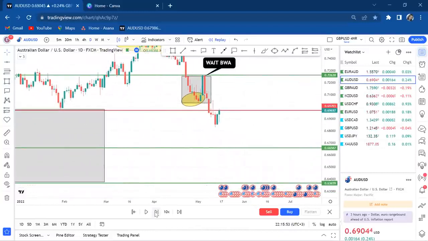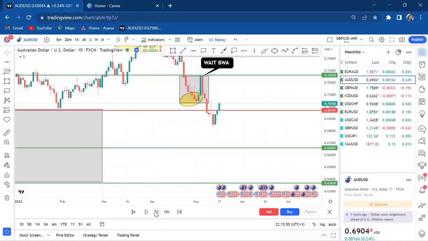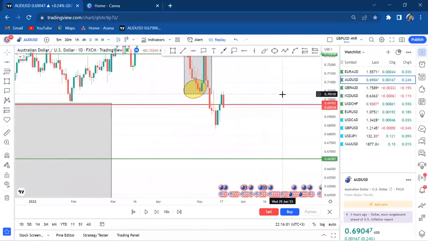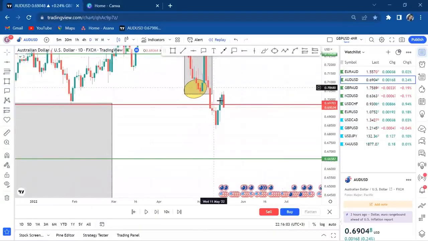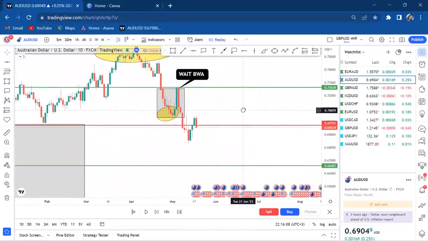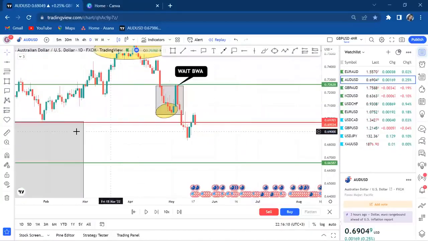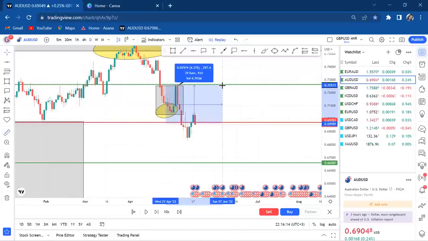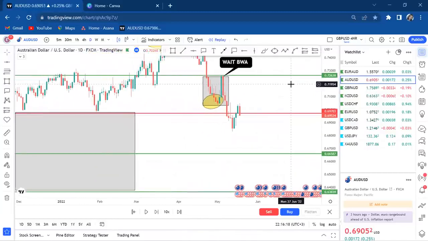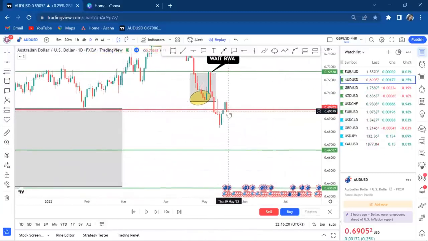So let's see what happens. We are not entering until we get a red candle. So we get our red candle like that, we get our red candle like that, and then this candle has engulfed. If this candle has engulfed and we want to get in, you can decide to place a sell here, and this is a long-term sell.